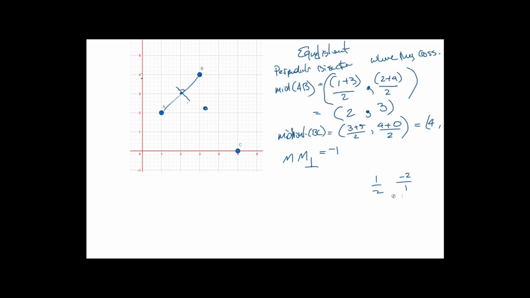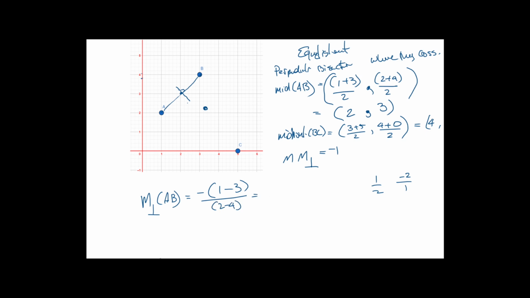the perpendicular gradient of A and B is going to be equal to negative 1 minus 3 over 2 minus 4.